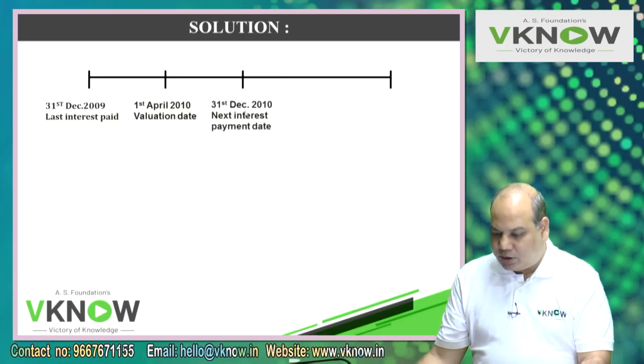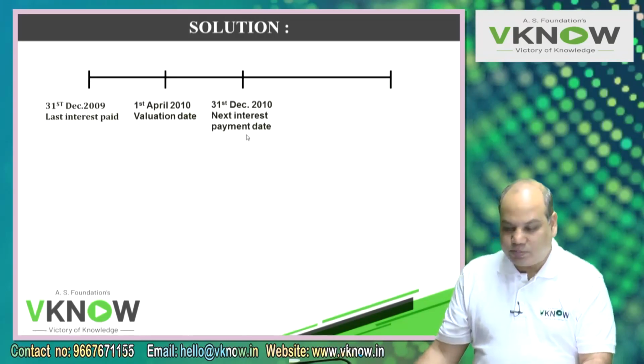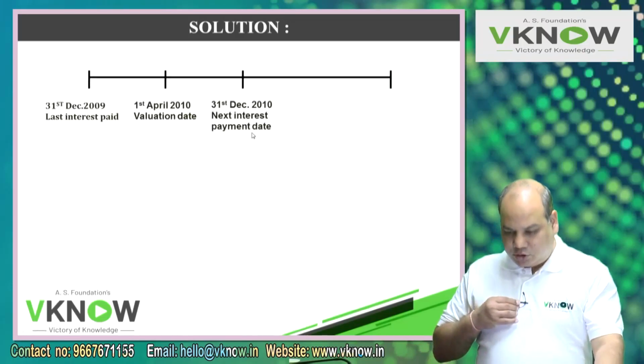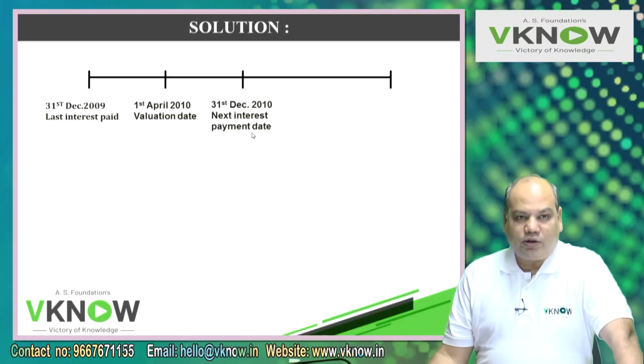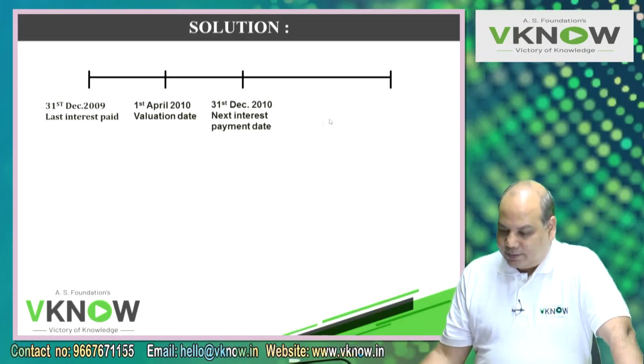Next interest payment date is important now, 31/12/2010, because the company pays interest only on 31st December of each year. So this is called next interest payment date, and the last date is 31/12/22, which is the maturity date.